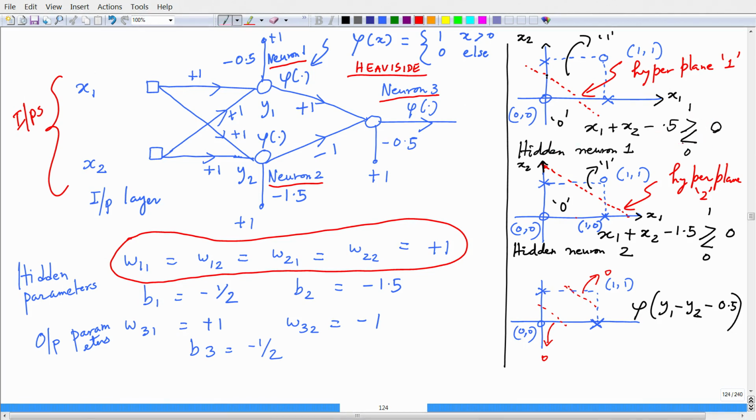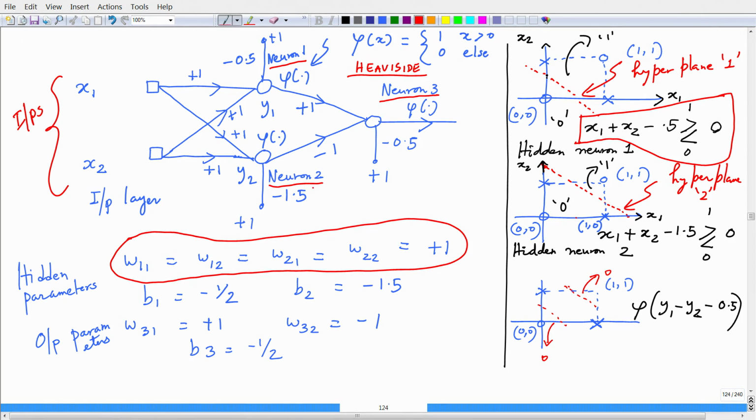So, this is the meaning of this boxed equation here, x1 plus x2 minus 0.5. If it is greater than 0 it is 1, if it is less than or equal to 0 it is 0.